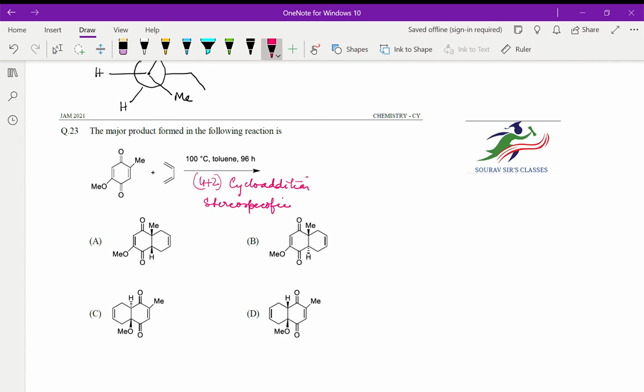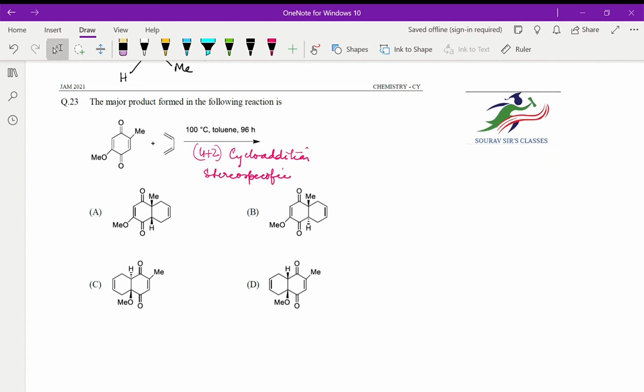All right, so over here we can think which of these double bonds, this one or that one, is going to be more reactive, because we have to find out the major product. So out here we will say the diene that is joined to the more electron donating group, which is this one, is going to be more reactive.